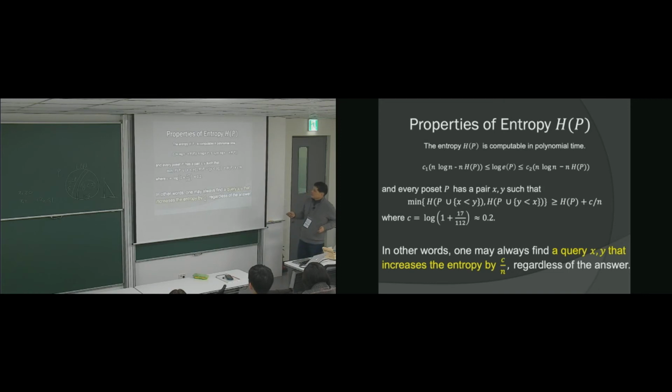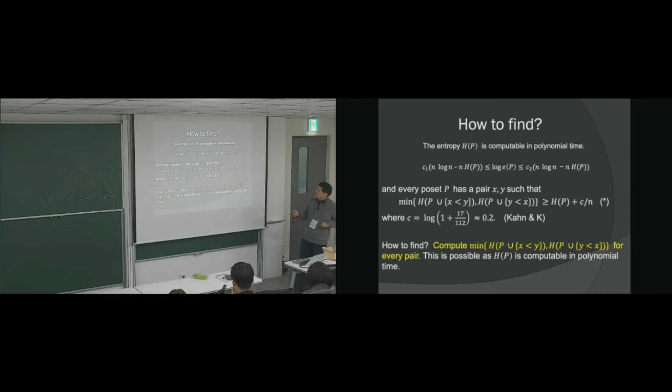Because we can increase entropy by c over n, almost 0.2 over n, we can keep increasing the entropy, and eventually it will be the entropy of the totally ordered set. Then we have found the totally ordered set we want. That's the plan.